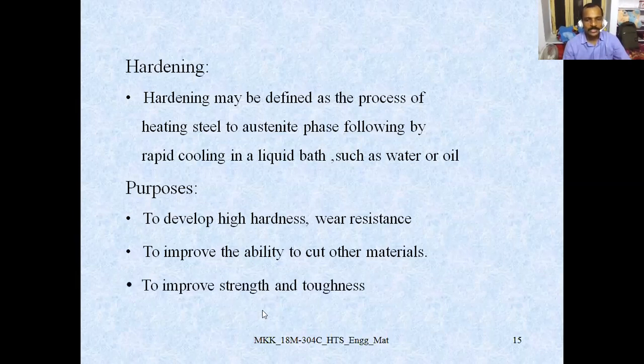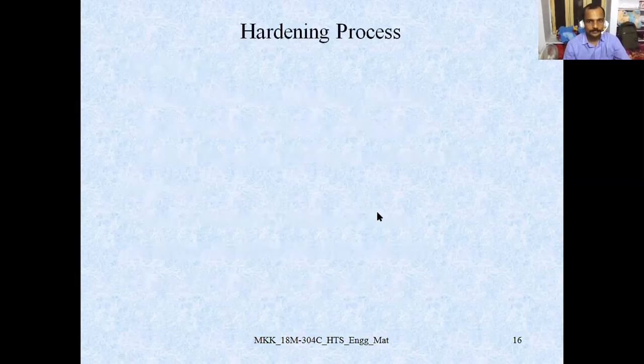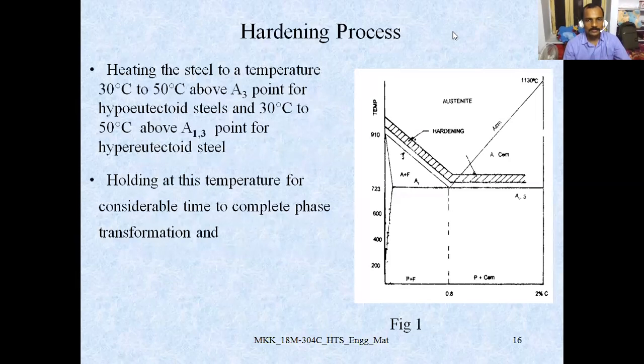Next, to improve strength and toughness of steels. So after studying the purposes, now let us move to the actual hardening process.